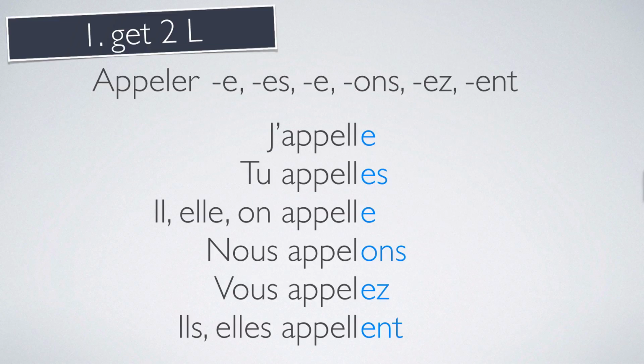But now that we have just one L, it is the sound "eu", or nothing if you want to make a contraction. So it is nous appelons. You can see the difference. On appelle, nous appelons. Vous appelez. And again, ils appellent, elles appellent with the two Ls.